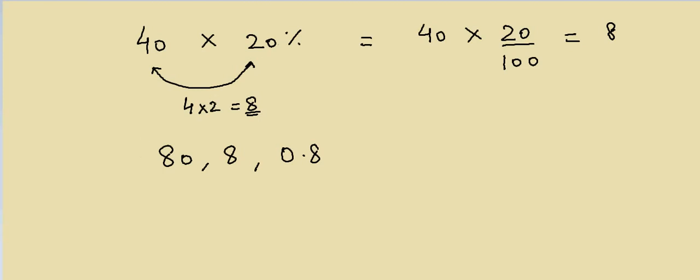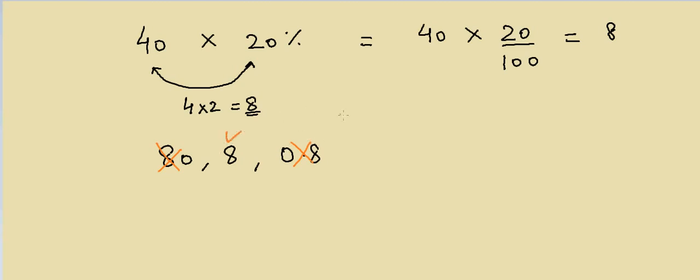It's a much higher number. 20% has to be smaller than 40. And 0.8 is too small a number. 20% is like 1/5 of a number, and 0.8 is too small. So we have to have 8.